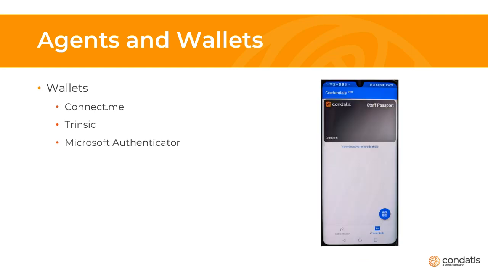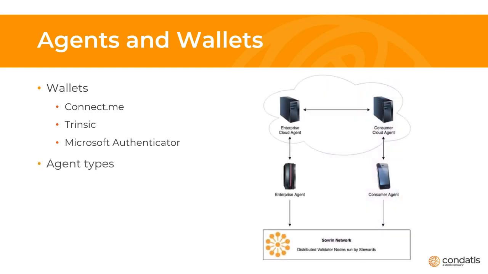Along with many different wallets, we also have many different agents to interact with them. We have enterprise agents, which we use to issue and verify credentials. We also have cloud agents, which we use to provide a variety of roles. These can be enterprise or consumer agents. We have consumer agents that are really the wallets that we store our credentials in.